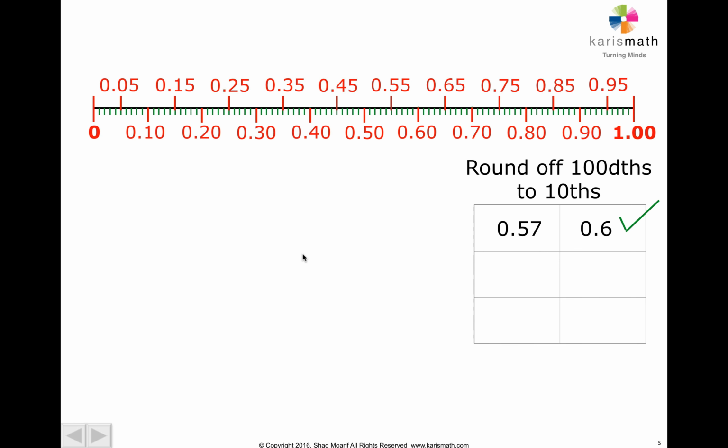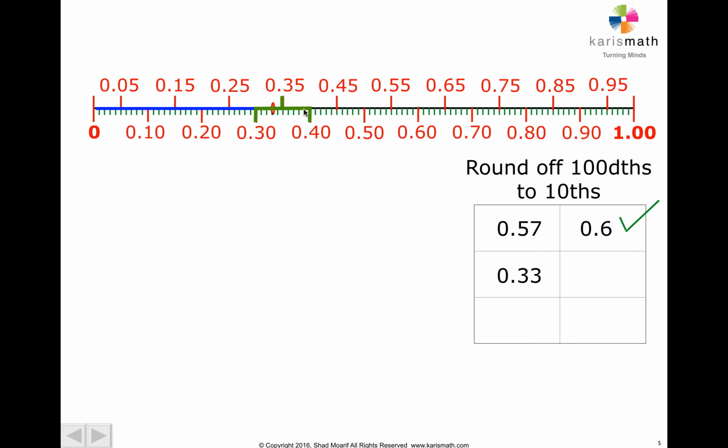Let's try a number indicated here. This is what, 33, 0.33, that's right. Okay, where is 0.33 located? Between which two tenths? You got 3/10 on this side, and you got 4/10 on this side. So it's between 0.30 and 0.40.